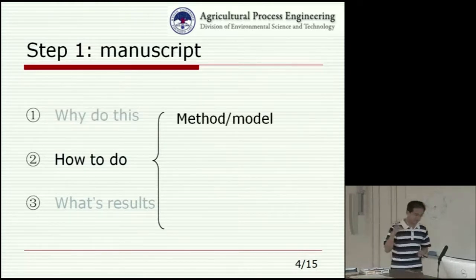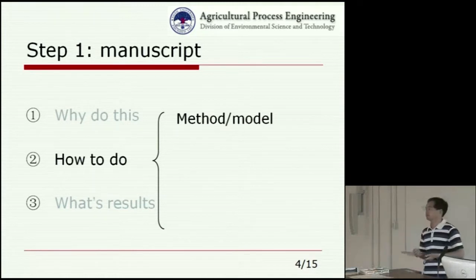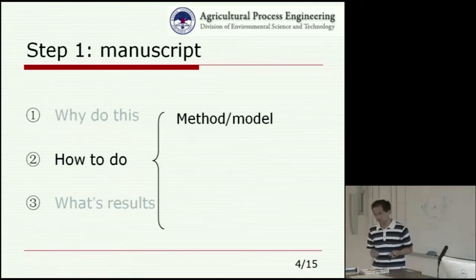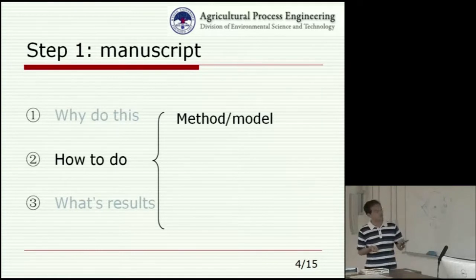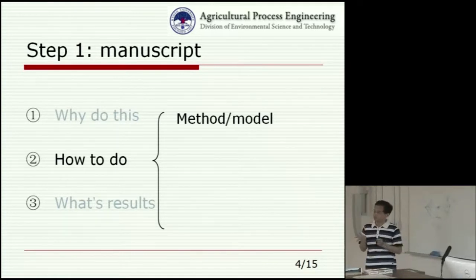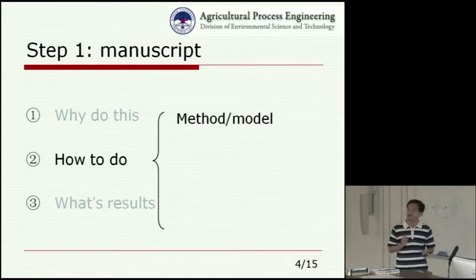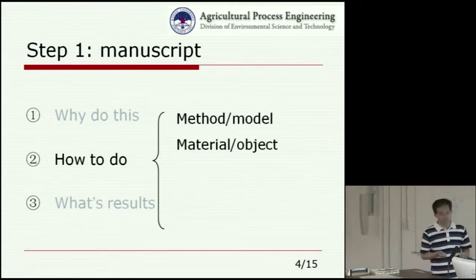It depends on the subject or field. A different subject, different field has a different model. For example, in the control area, they need a model. In experimental science, maybe they need a method. That depends on the subject or field.